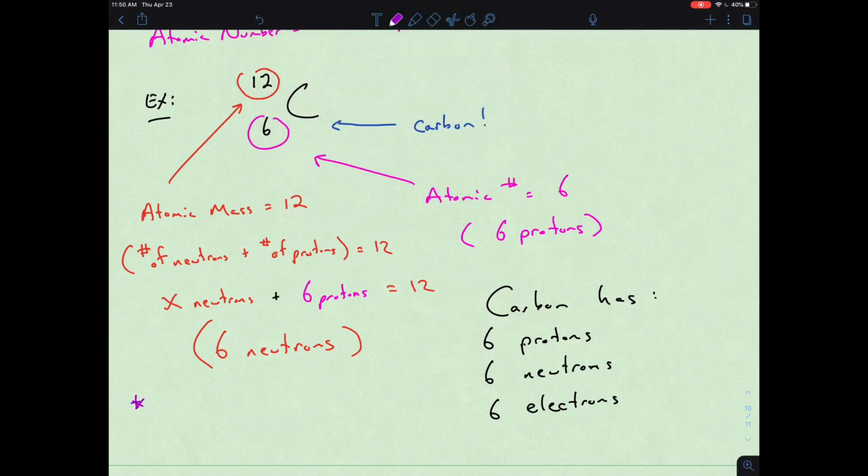Remember, for an element that is neutral, the number of protons equals the number of electrons.